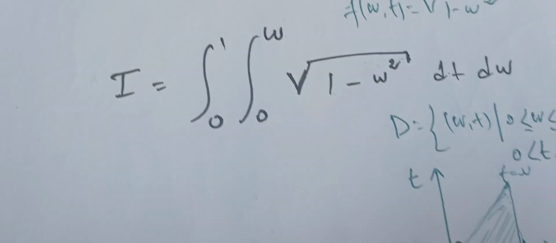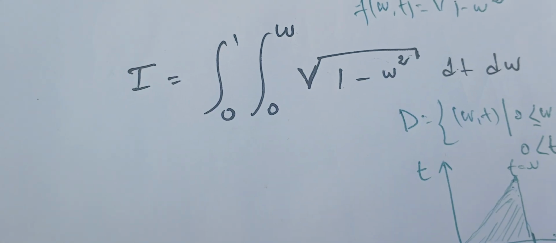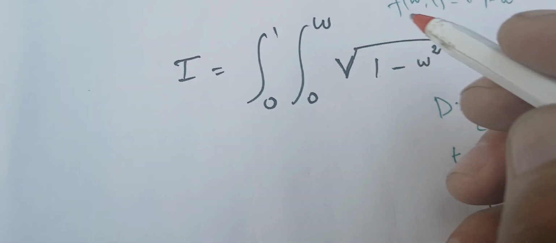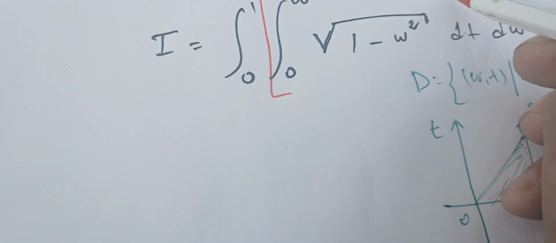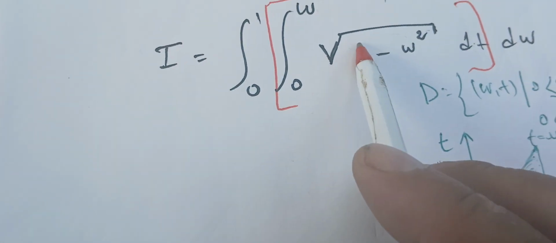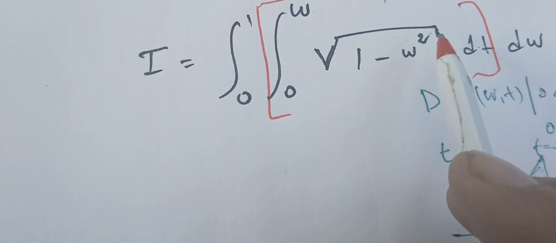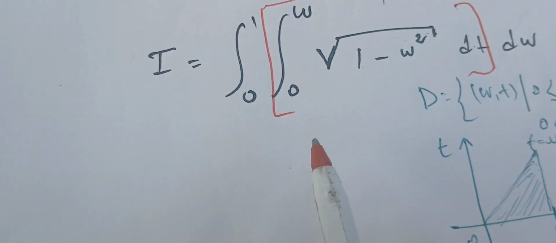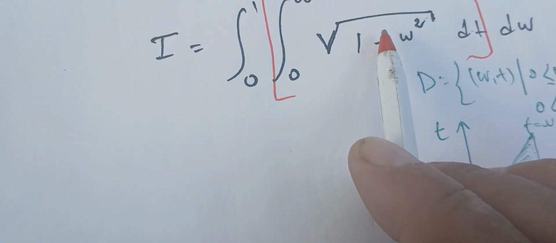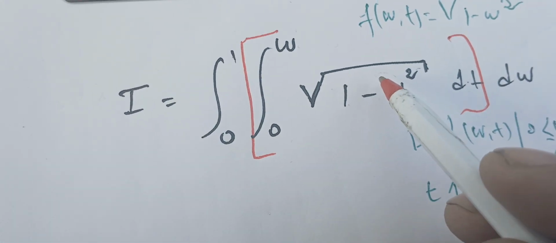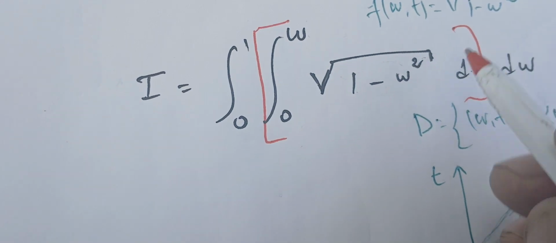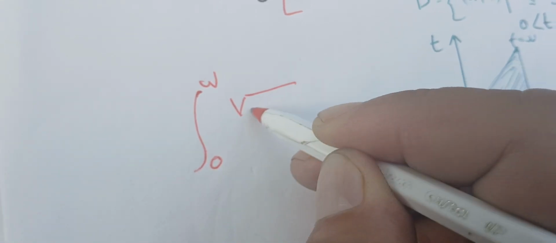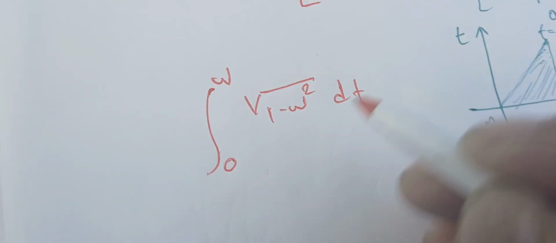The next thing is that we are first integrating with respect to t, and we have no problem in doing this integration because this square root doesn't depend on t. So let's integrate what's between the red brackets. Here we have the integral between 0 and omega of the square root of 1 minus omega squared dt.